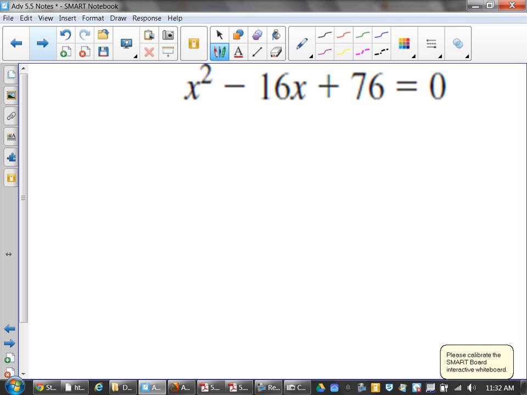All right, here you go. X squared minus 16x plus 76. For the lack of better ideas here, your first step, move C if needed. Sometimes it's already over there.